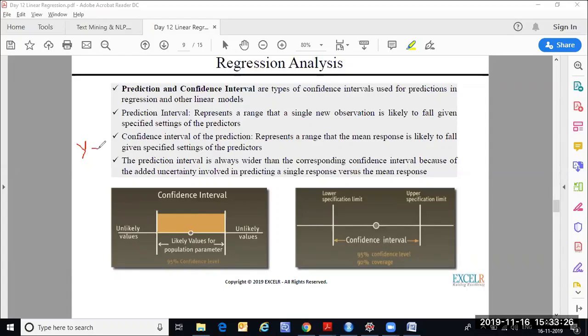So when y is continuous, what is the probability associated in predicting a single continuous output value? Zero, right? That is the whole reason we need to predict a range of values rather than going with single value predictions. And that's why we are discussing prediction interval and confidence interval. Clear?